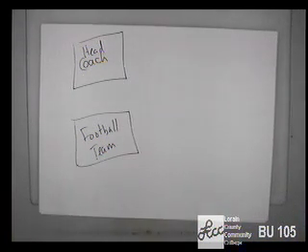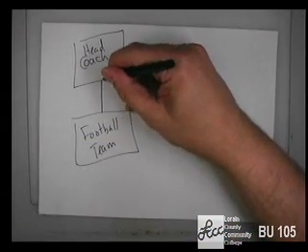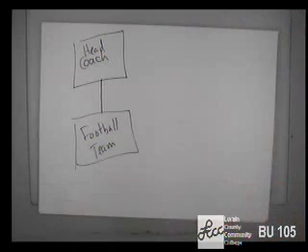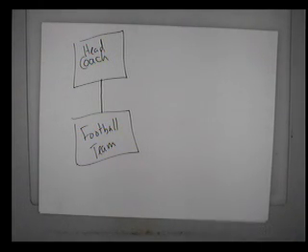Right? Every football team has a head coach. Right? No tag team coaching. And every head coach only coaches one team. So someone doesn't coach the Browns and the Steelers. All right? That would be messy. So that's a true one-to-one relationship.